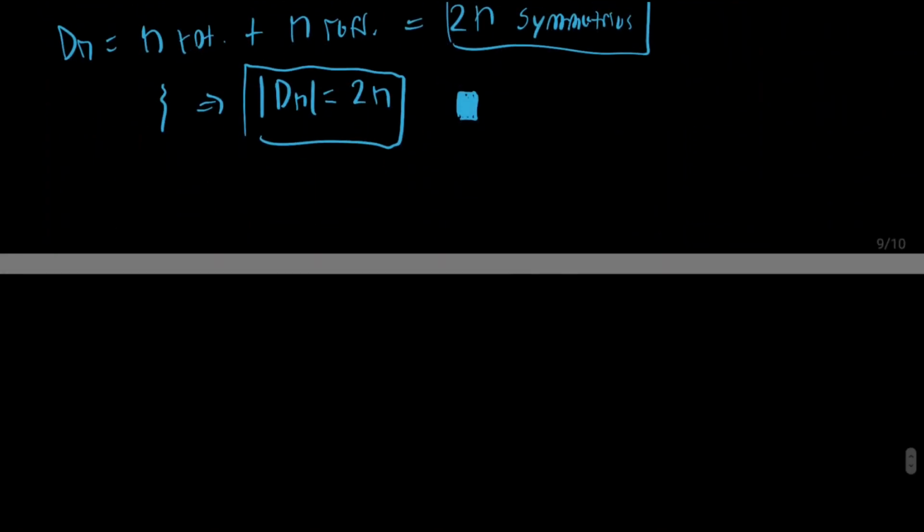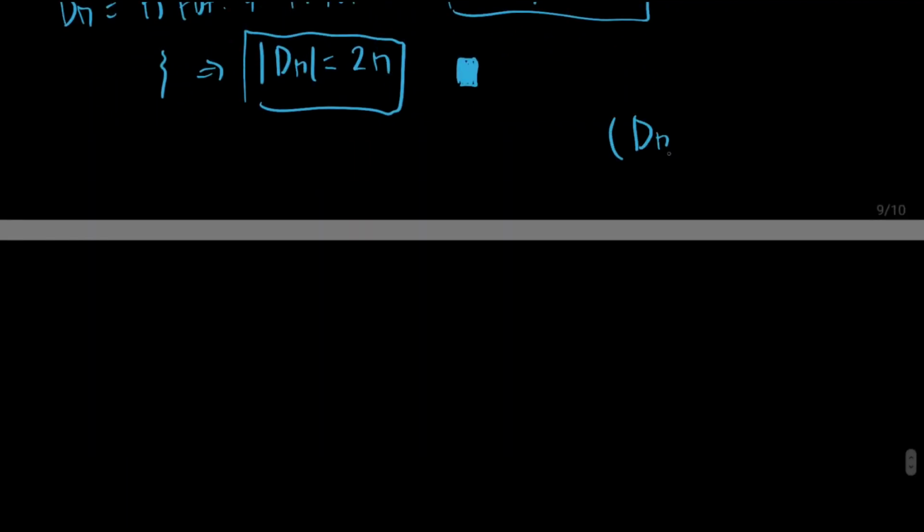So now what remains to be proven is that Dn under composition is actually a group. So we will have to explicitly find an inverse for each element and explicitly find an identity.